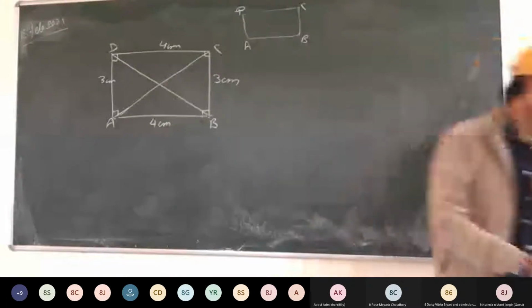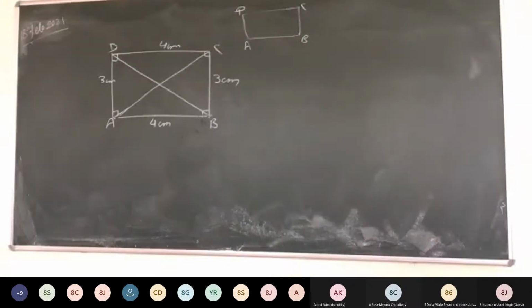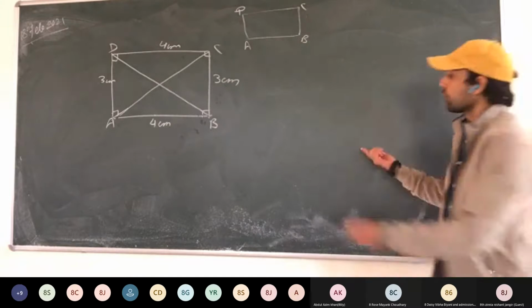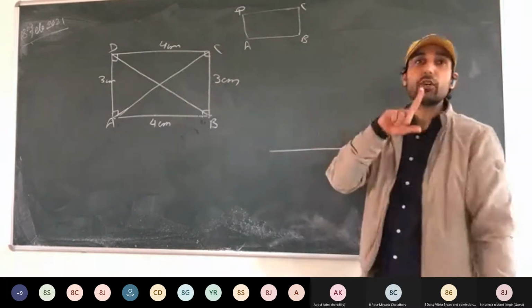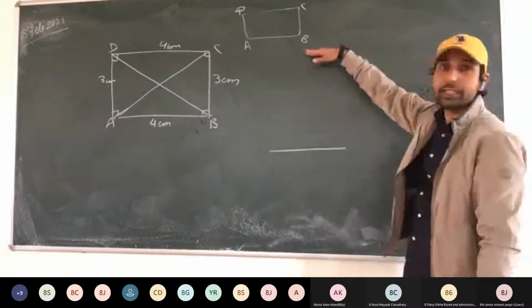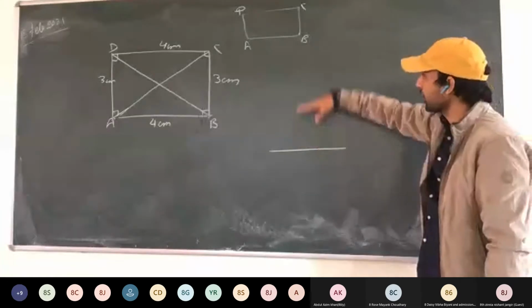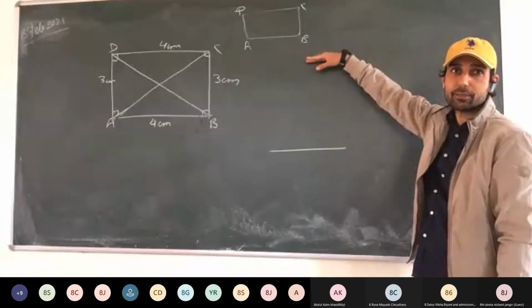So first we're making a line of 7 centimeters here. AB is 7 centimeters, BC is 9 centimeters. So it's up to you which one you want to take as the base. While drawing, leave a good amount of space here because it is going to be 9 centimeters.